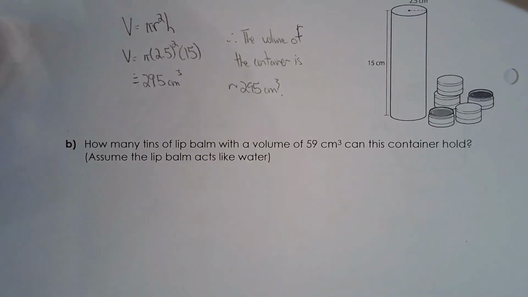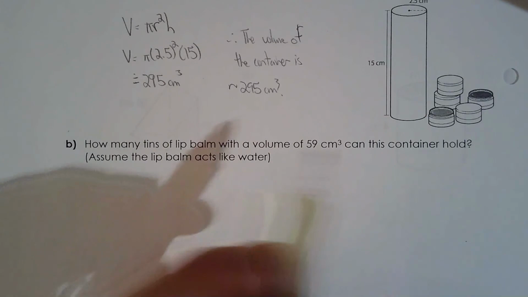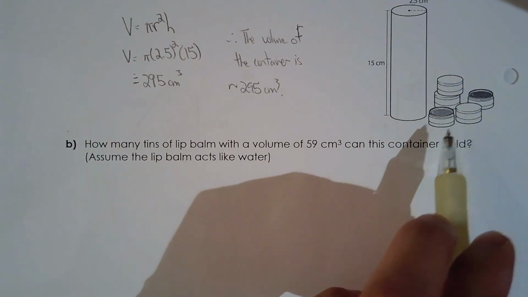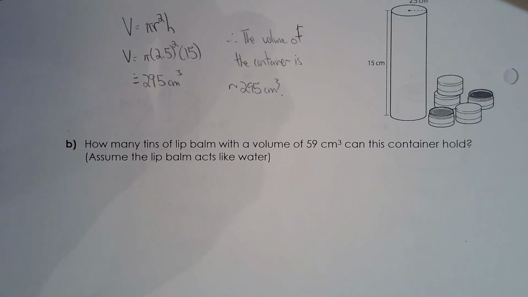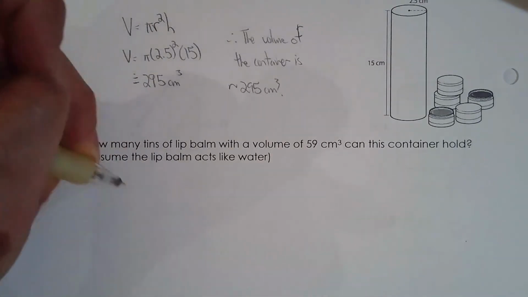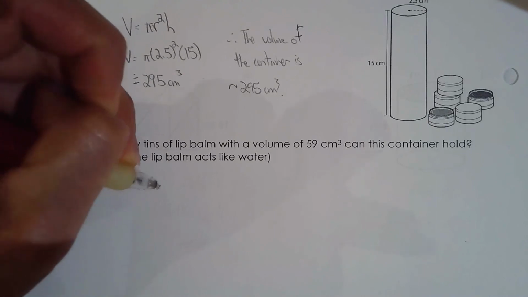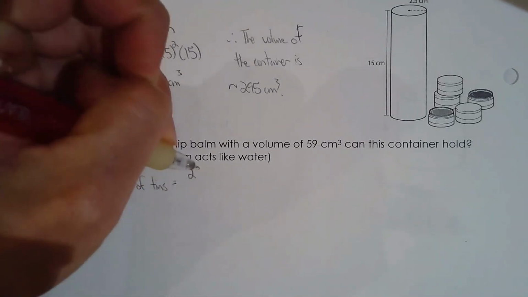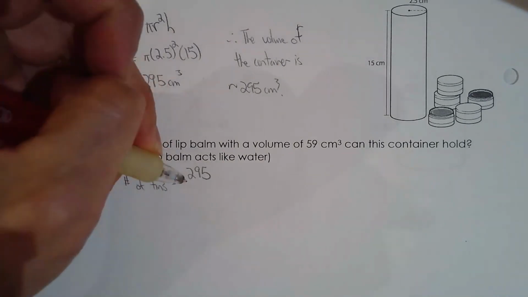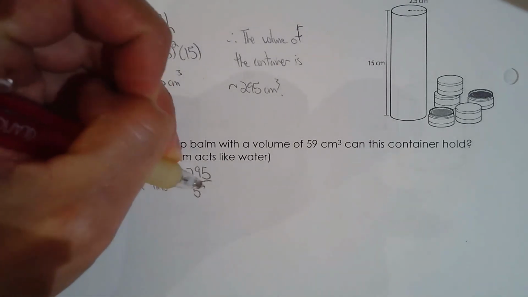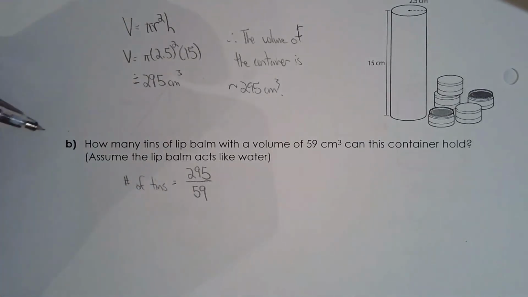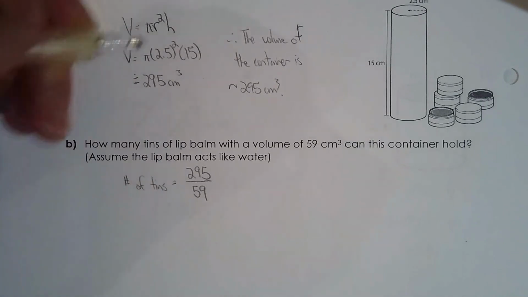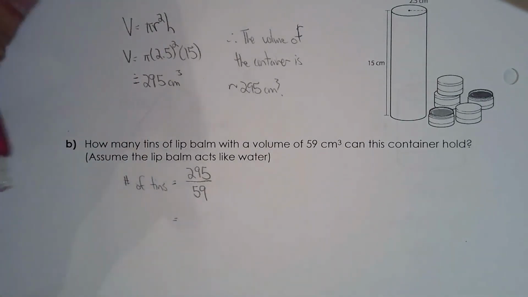If each of these tins of lip balm has a volume of 59 cubic centimeters, and the whole container is about 295 cubic centimeters, the number of tins is equal to 295, the whole container, divided by 59, because that's the volume of each tin. So the whole container divided by the volume of one tin will give me the number of tins I can fit inside this container.